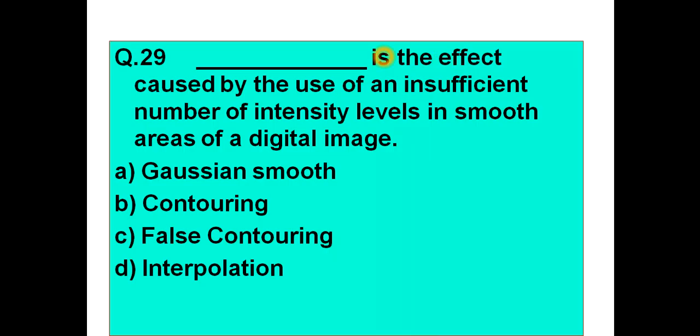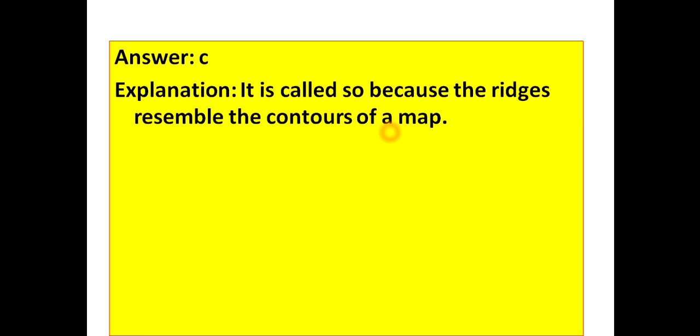False contouring is the effect caused by the use of an insufficient number of intensity levels in smooth areas of a digital image. It is so called because the ridges resemble the contours of a map. About contours, I have also introduced a few practical lectures on how to find contours, how to draw contours, and the different features of contours.